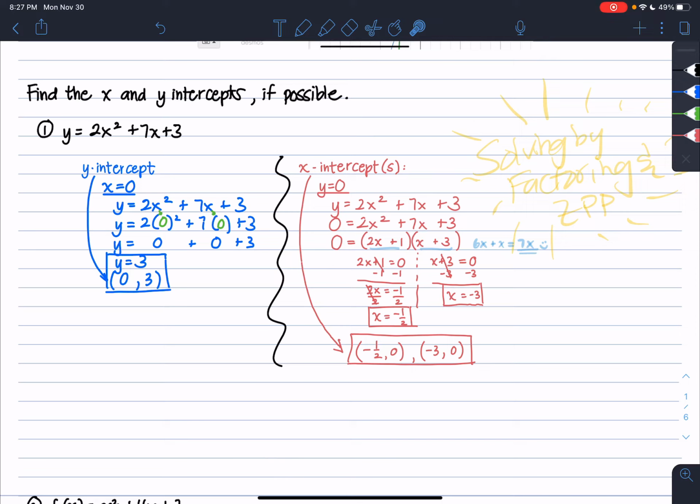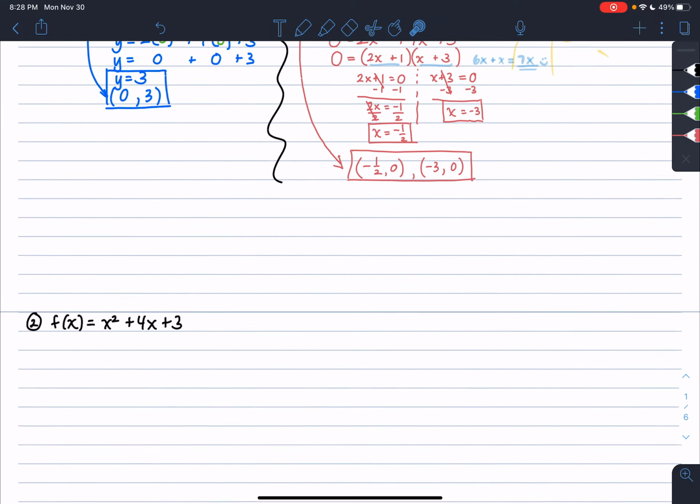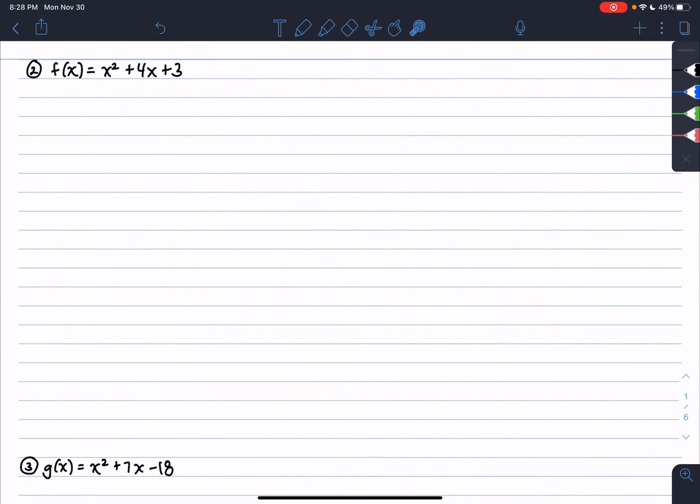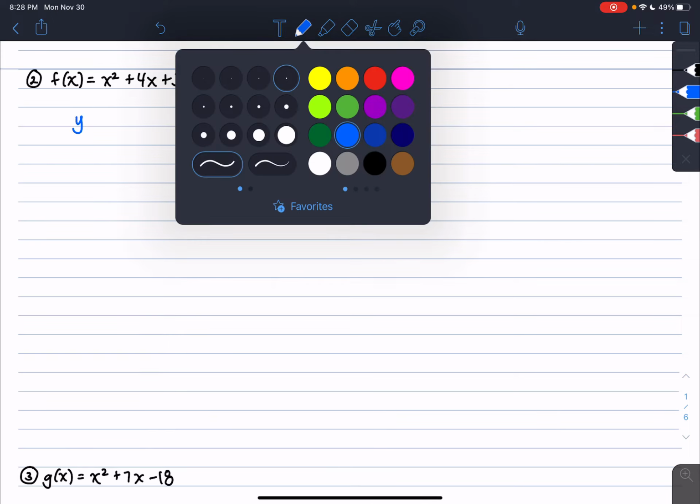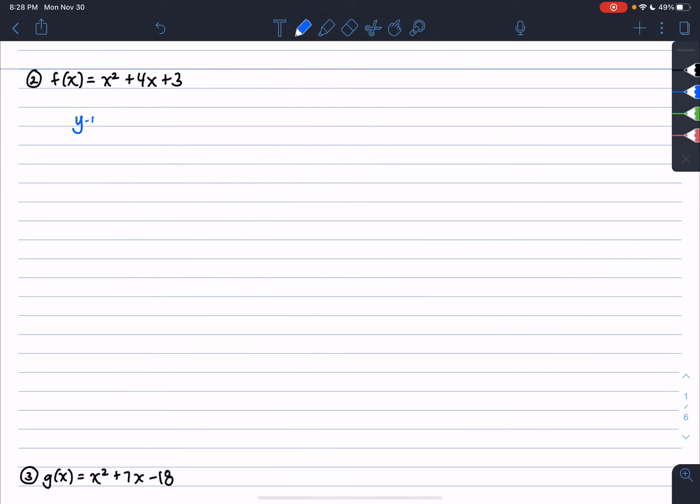Okay, let's take a look at number 2. Haha, okay, so this one is fun. We are going to do the same thing. So let's look at the y-intercept first. Again, this occurs when x equals 0. So let's go ahead and rewrite our problem.